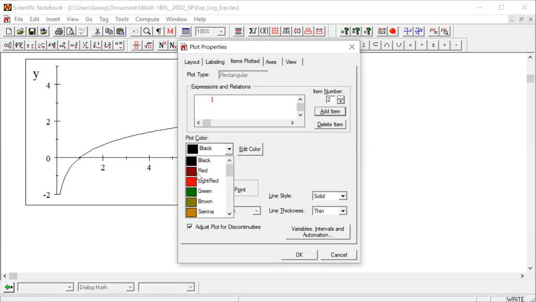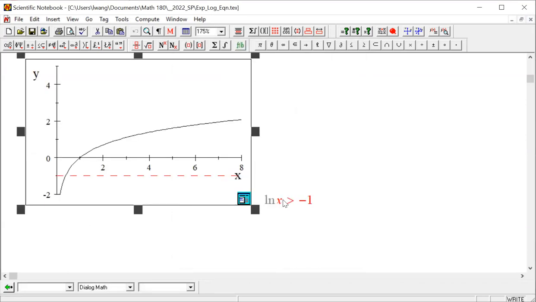It cannot be equal to, so I'm going to draw a broken line. The output for ln x larger than negative 1 means all of these outputs are larger than negative 1. Zero is also larger than negative 1. So you can see all of these heights are larger than negative 1.